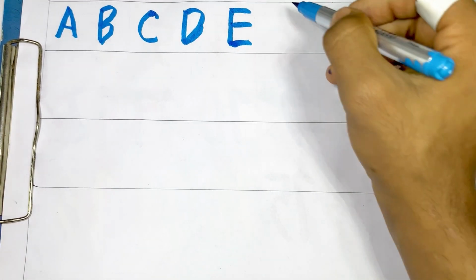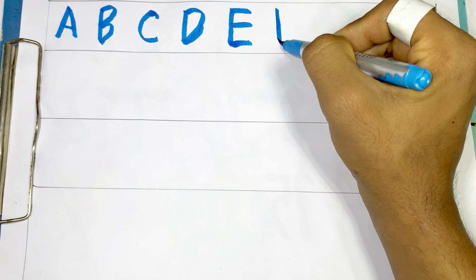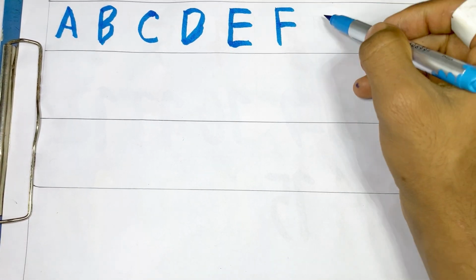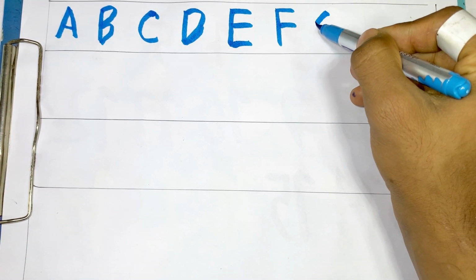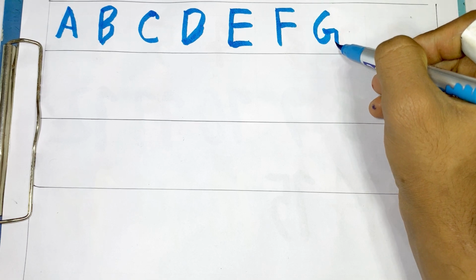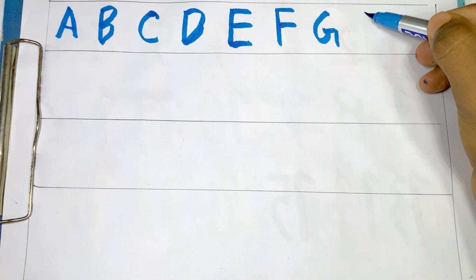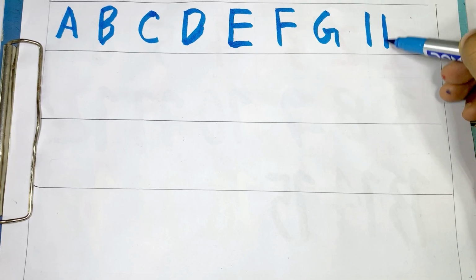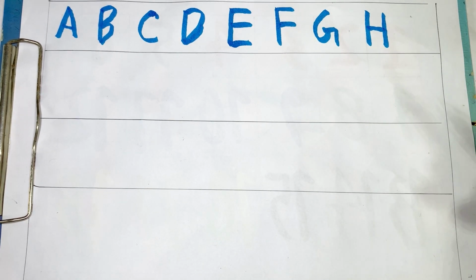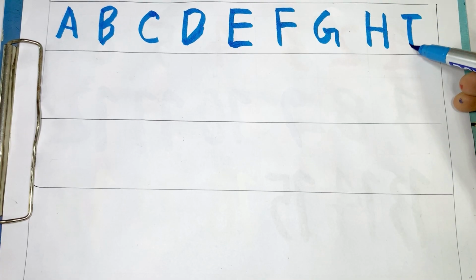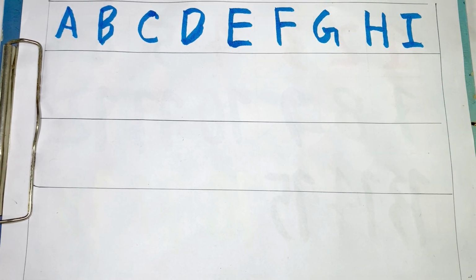E for elephant. F for fish. G for God. H for helicopter. I for ice cream.